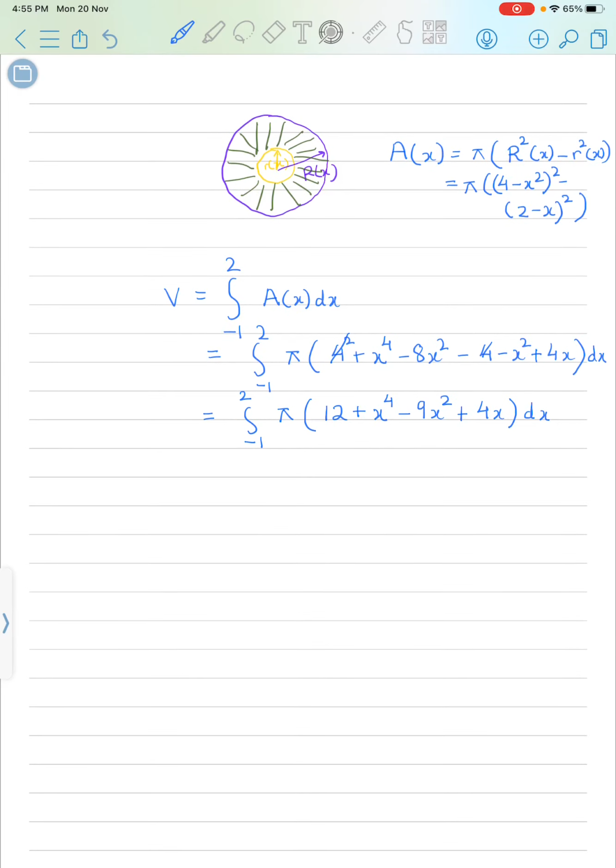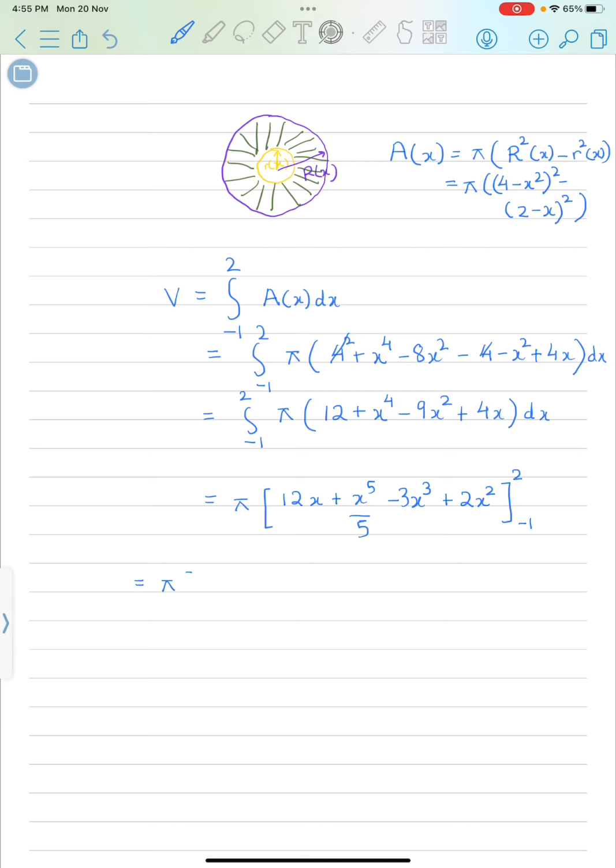Now you take pi outside, and you also know this will be 12x plus x to the 5 by 5 minus 9x cube by 3, then plus 4x square by 2, from minus 1 to 2.